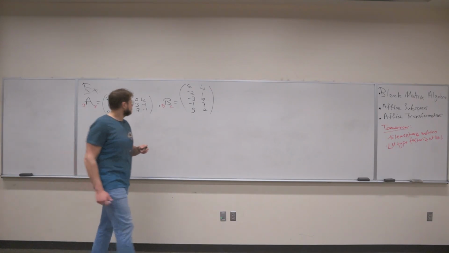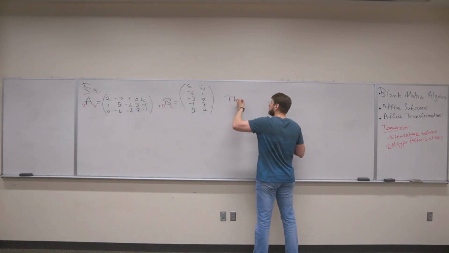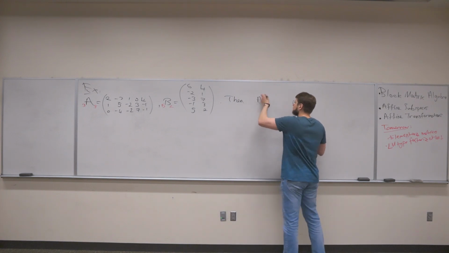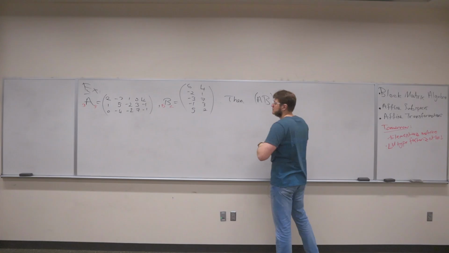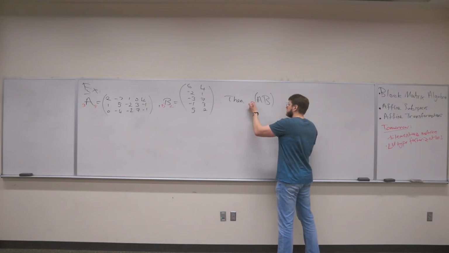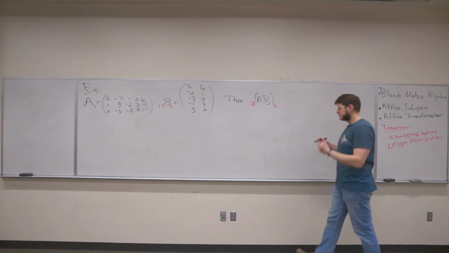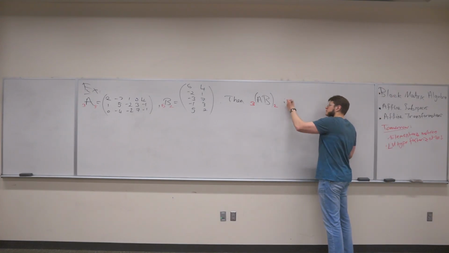And when I do A times B, I'm going to get a 3 by 2. Then let's write it. Maybe like this. Right, so the middle dimension is 5. You cancel that out, and you end up with a 3 by 2. Is well defined. Is defined.